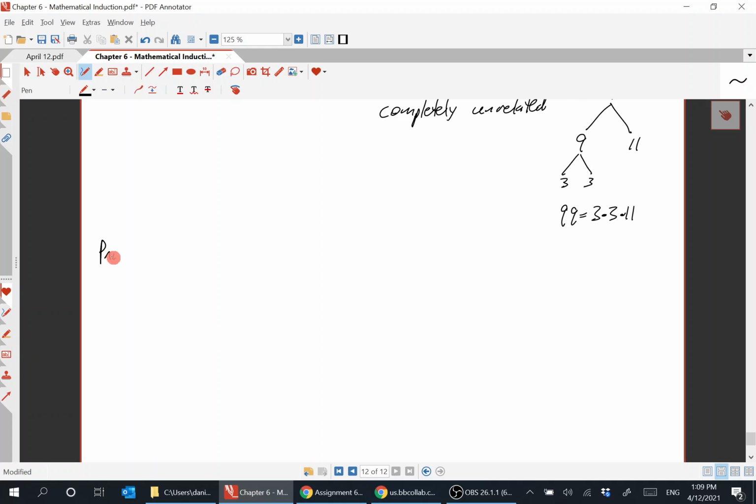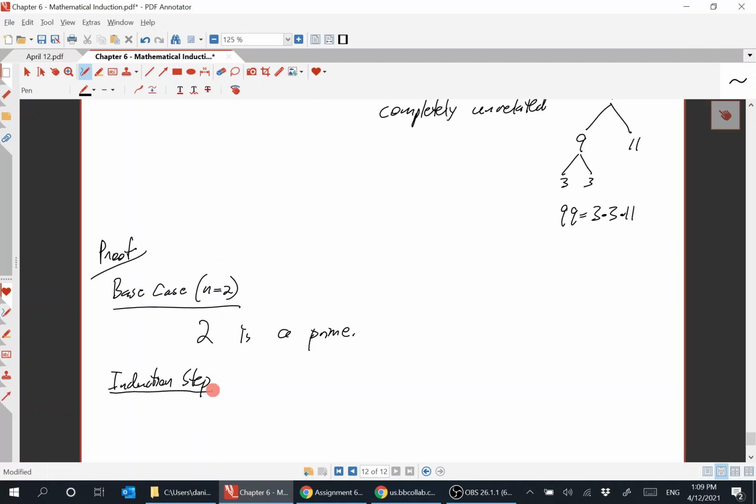So here's the proof. Base case is n equal to 2. Well, 2 is prime. Done. Induction step. So in the induction step, we're starting at 2, by the way, P2 and P3 and Pn implies Pn plus 1.